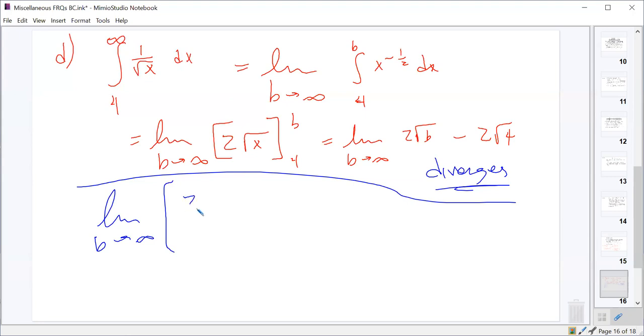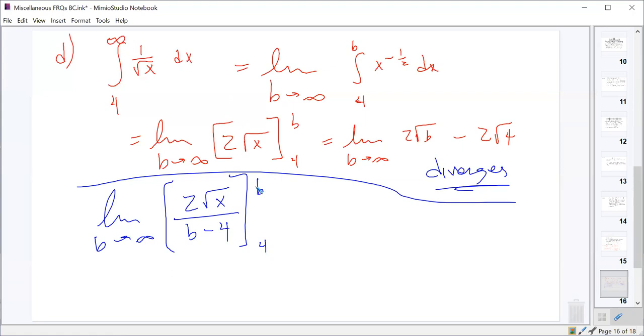Which is 2 root x over, and then our b value was b minus our a value, which was 4, evaluated from 4 to b. Good or no? Good. Okay.